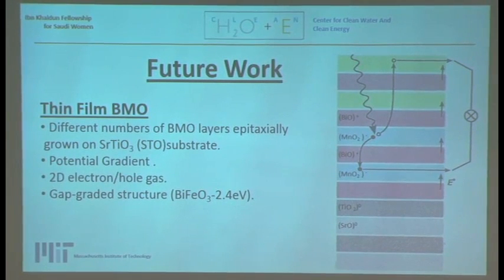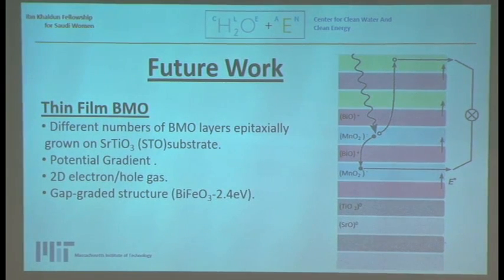Then we will calculate the potential gradient, which, as I mentioned before, helps in the separation of the electron holes.